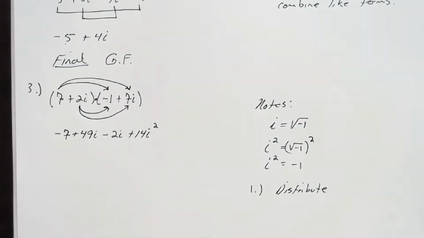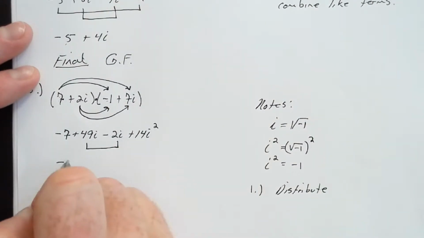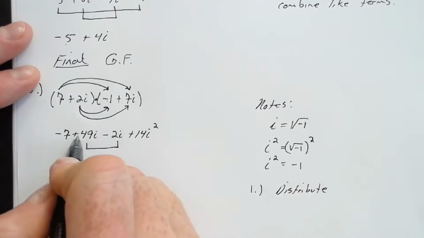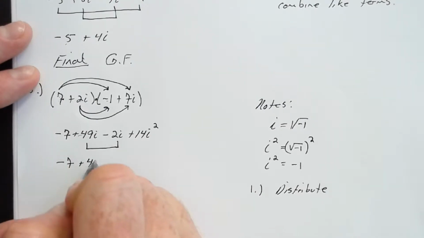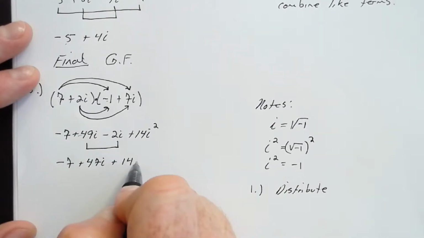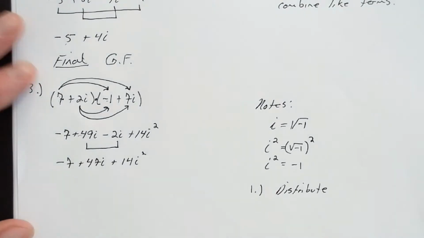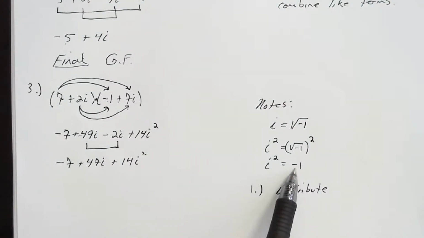So let's just combine the like terms that we're able to combine at this point. Simplify it just a bit. Plus 47i plus 14i squared. Well, we know that i squared is equal to -1. So we can make that substitution now.